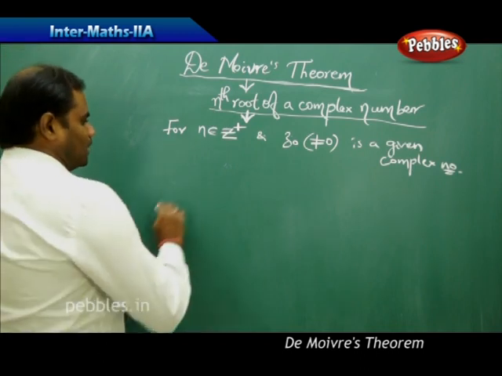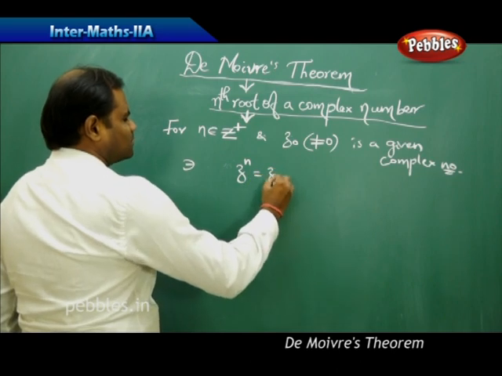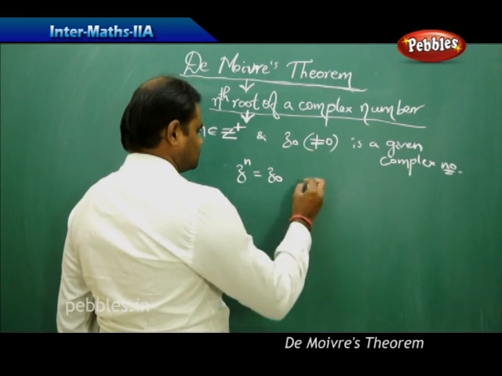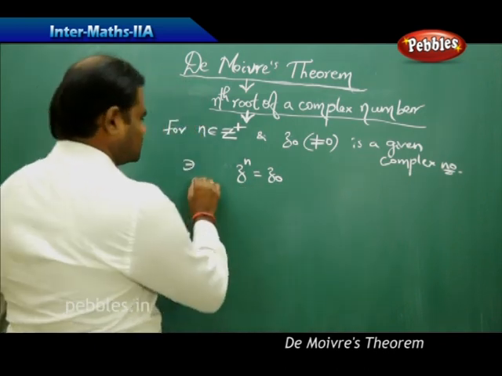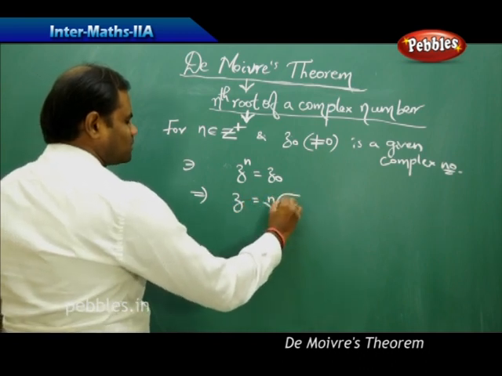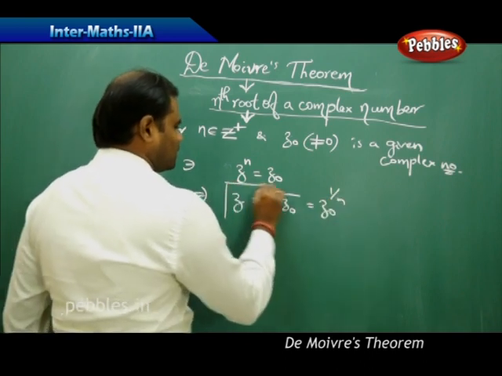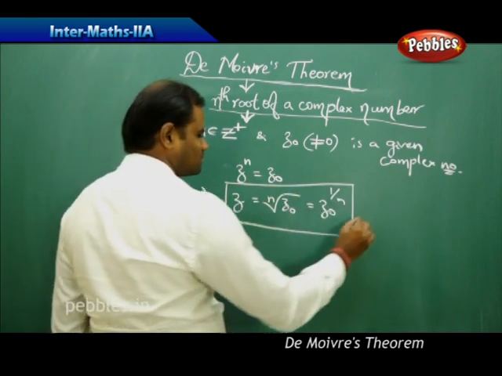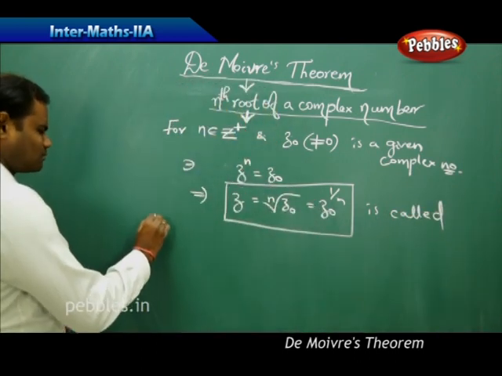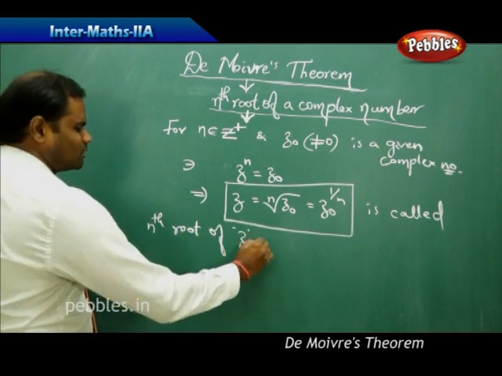Then, such that z power n equals z naught, that implies z equals the nth root of z naught, or z naught power 1 by n, is called the nth root of z naught.